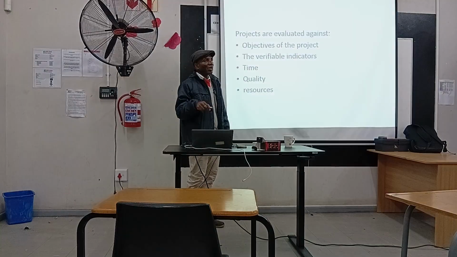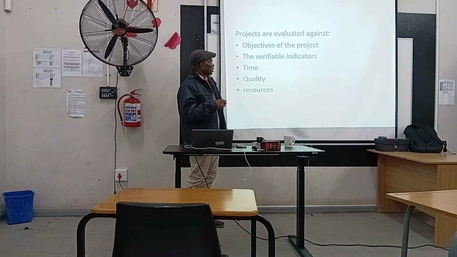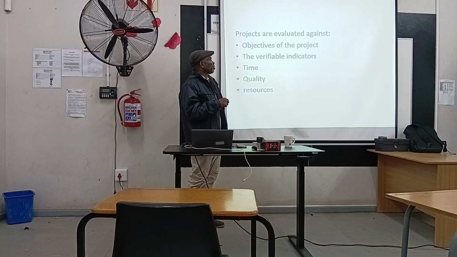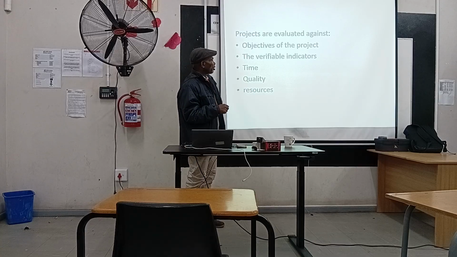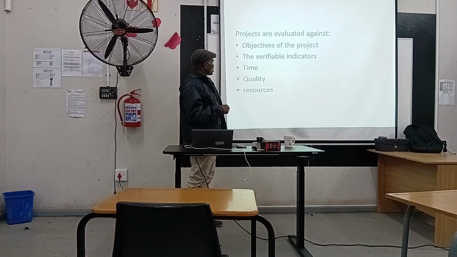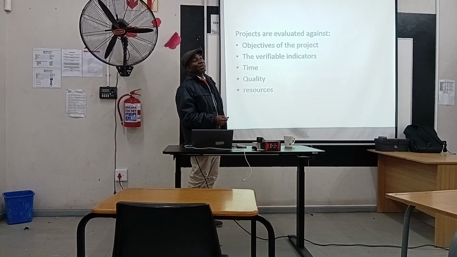These are the signs that one can use to know whether the project is successful or not. Then the time: you look at the time frame, right? The deadline. For example, a project was specified to take 1 month, right?